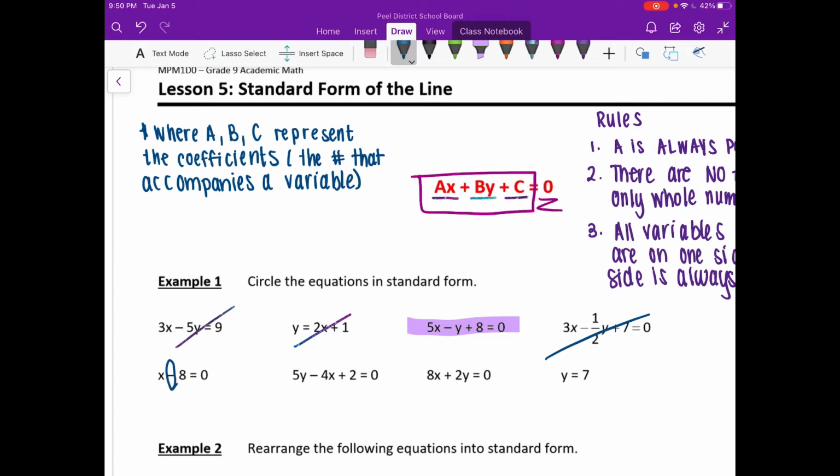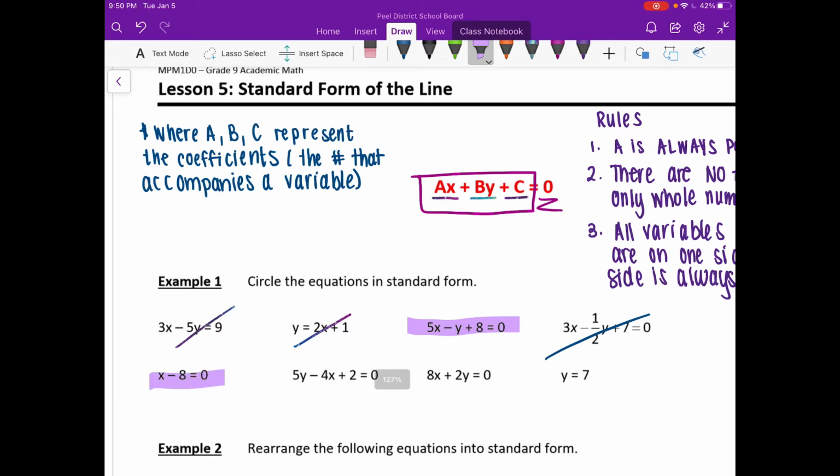We seem to be missing a by here, but that possibly could be because b is just equal to 0. So in which case, this would still count as a standard form, because it still equals 0. Everything is still ax plus by plus c. So we would consider this in standard form.